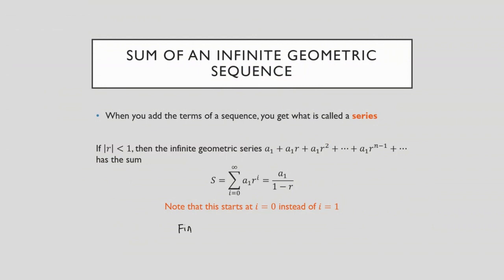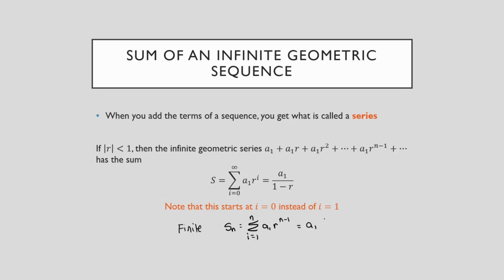If I rewrite the finite sum, Sn, the finite starts at i equals 1, but the infinite starts at 0. And then the finite has r to the n minus 1, while the infinite goes to i. So there's sort of an off-by-1 difference, because they start in different places, so the exponents are slightly different.